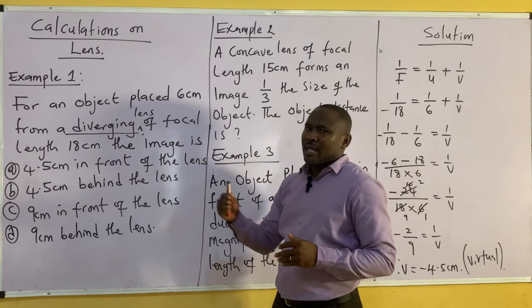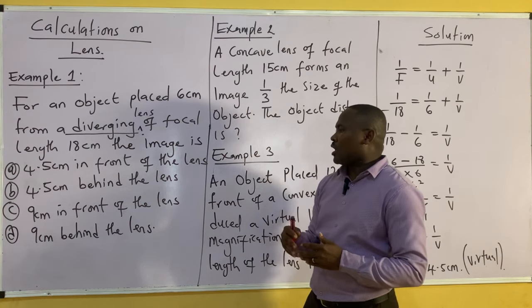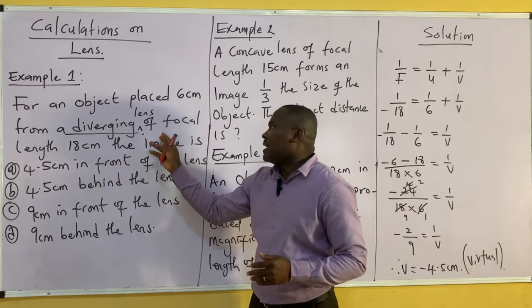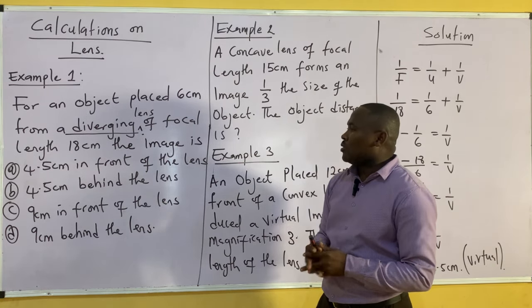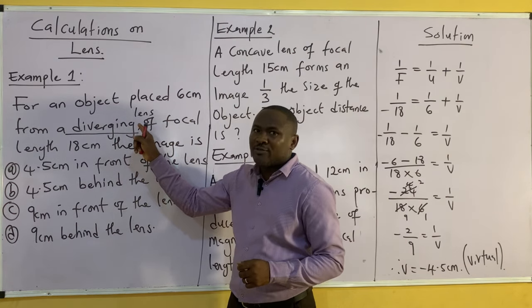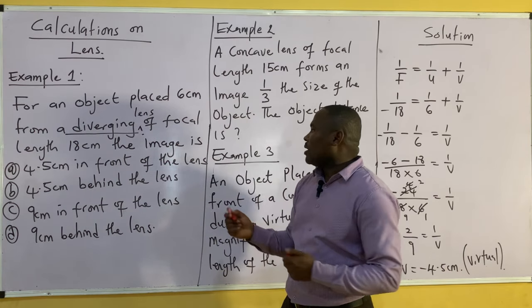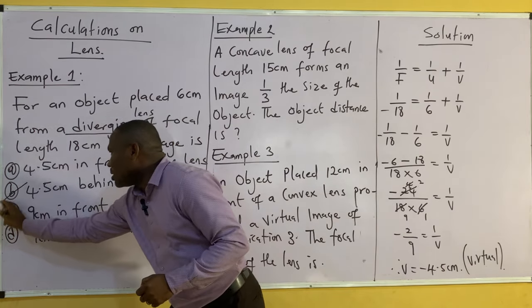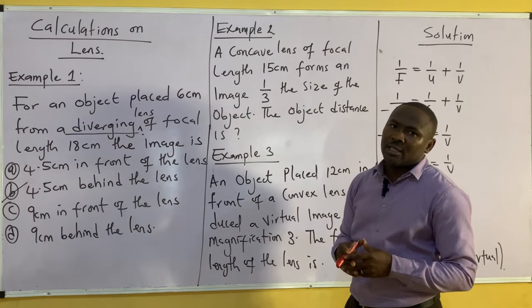Is it behind or in front? There's something you must know about a diverging lens or a virtual image: it's always behind the lens. The image is virtual, which means it is behind the lens. So the answer to this question is B, 4.5 centimeter behind the lens.